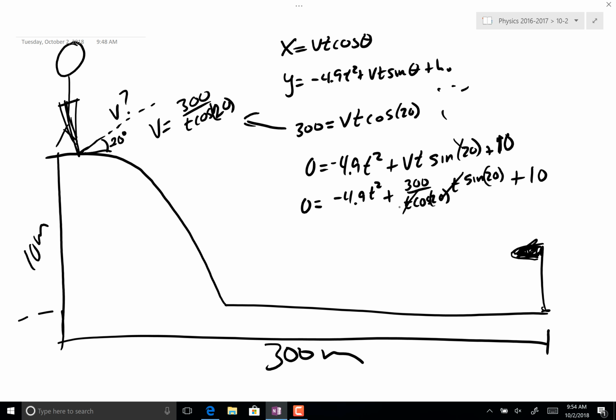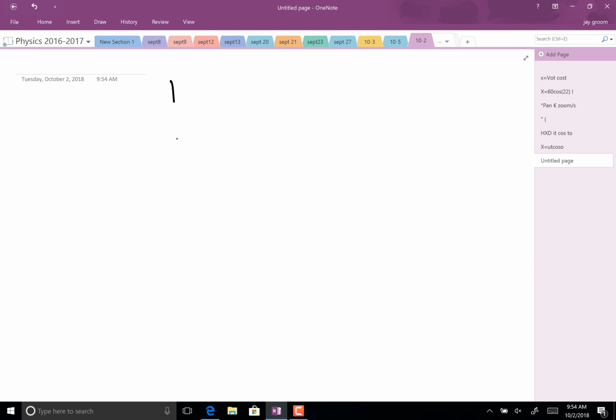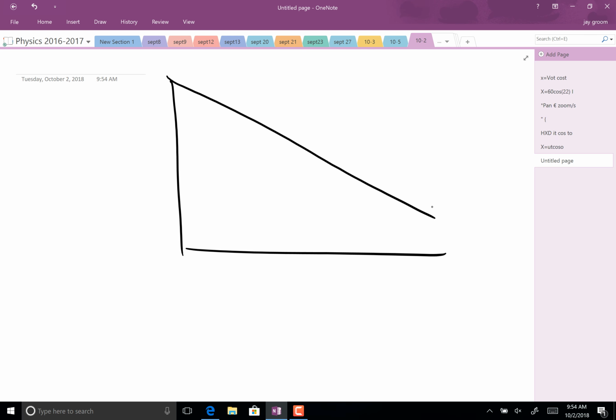Wait! I see sine over cosine. What is sine over cosine? What is sine divided by cosine, people? People? Wait. Here's a triangle. Yes? Are you with me? Here's my angle. A, B, C, let's say.